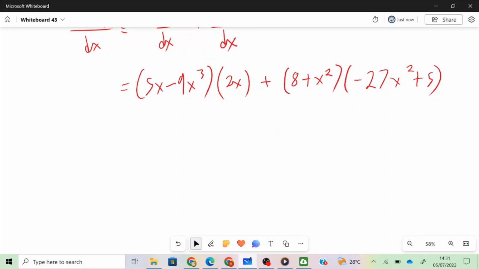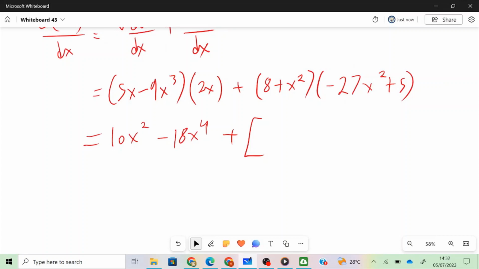So now we can go ahead and expand and simplify this side over here. We get 10x squared. Be careful with the powers because there are a lot of x's involved over here, so that's 10x squared minus 18x to the power of 4, plus we can just use square brackets first so that we don't have any difficulty with the signs. Expanding this side over here, we have 8 times minus 27 is minus 216, I believe. Let me just check real quick. Yeah, it is.